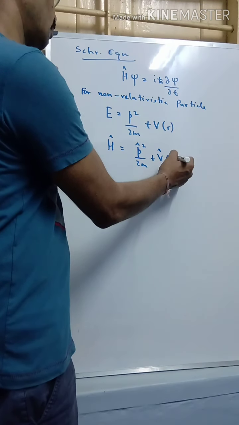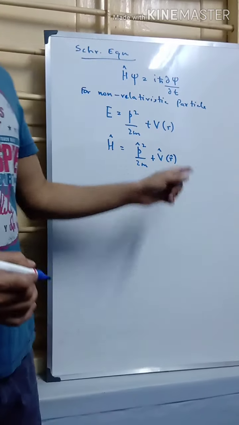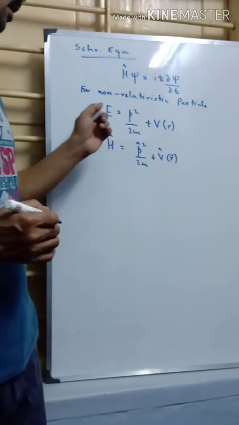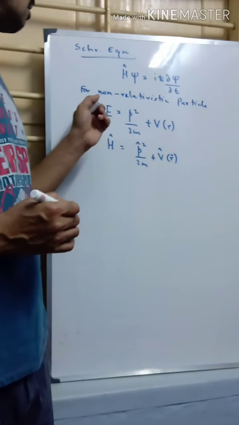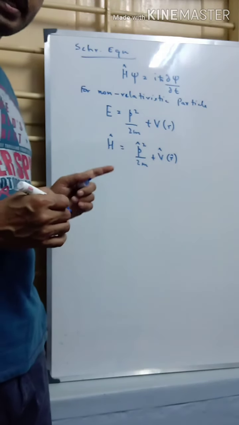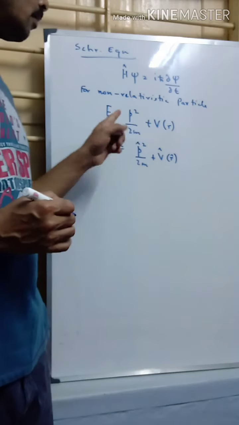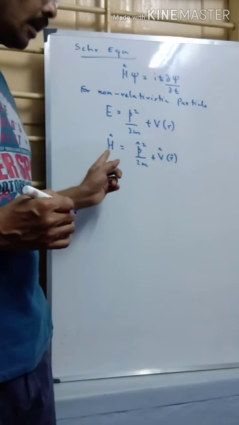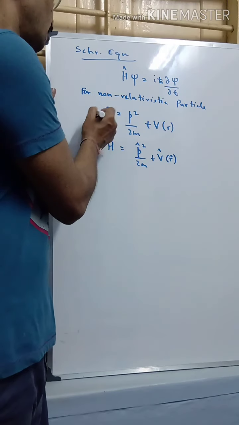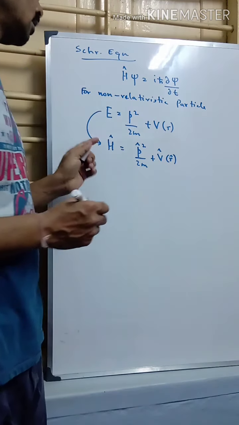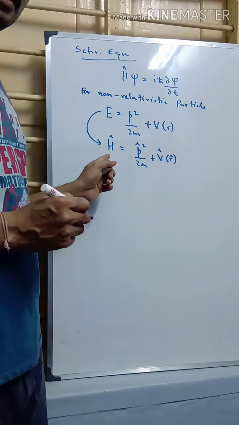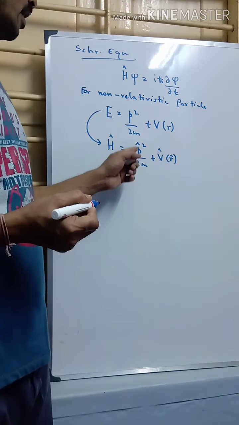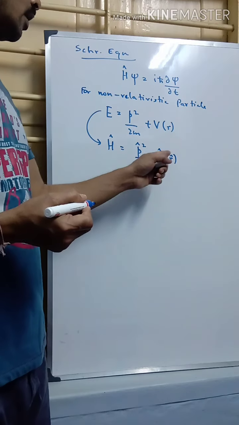r. So this is the language of quantum mechanics, in which we write the energy in normal dynamics language. The energy is given by the kinetic energy and the potential energy, and in the language of quantum mechanics, the corresponding operator for the energy is replaced by the Hamiltonian operator, which is given by the momentum operator square by 2m plus V(r).